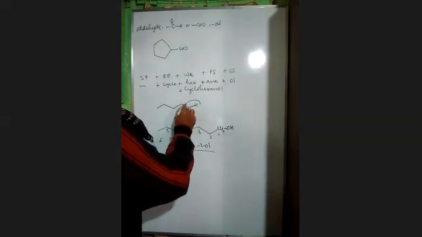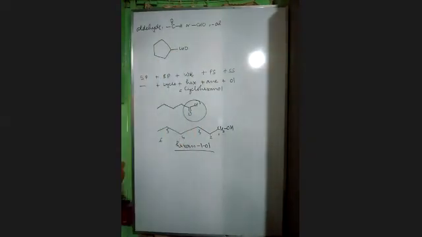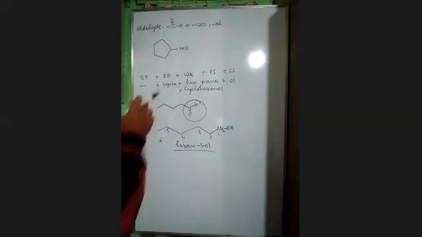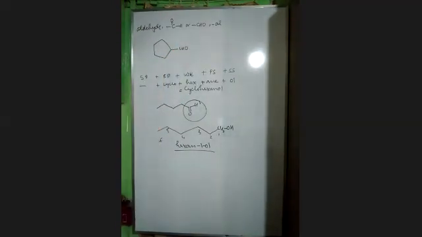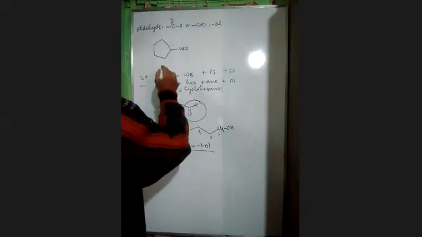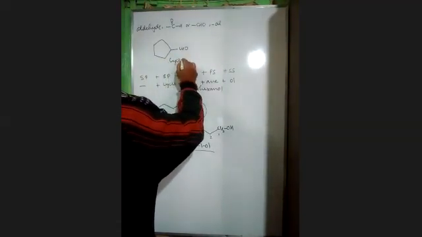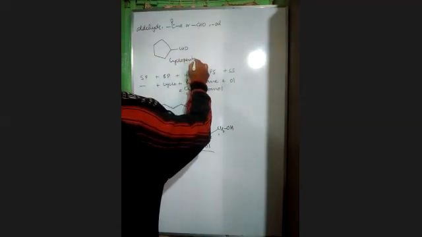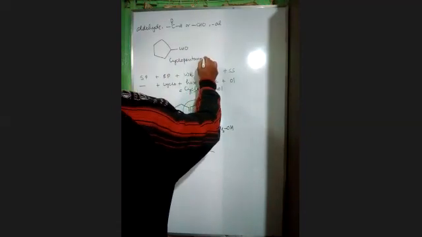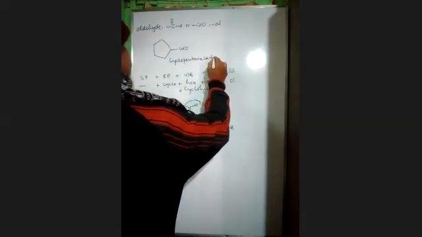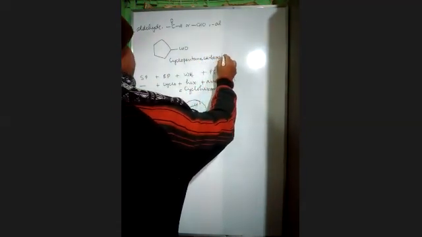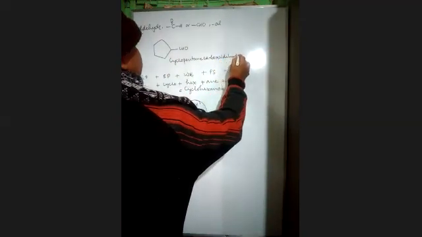In this case, the aldehyde is not in the main chain, it is outside the main chain. See here, it's outside the ring. So in that case, whatever you have written is correct. We write here now cyclopentane carboxaldehyde.